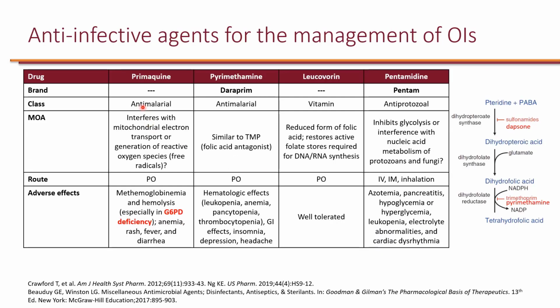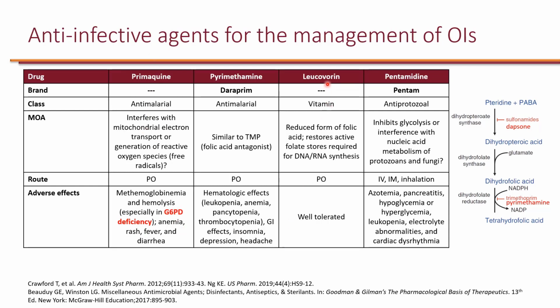Now, we also have a couple of anti-malarial drugs that are used for opportunistic infections, so primaquine and pyrimethamine. And primaquine is actually contraindicated in patients with glucose 6-phosphate dehydrogenase deficiency, so it's absolutely essential to test patients for this deficiency before we start.